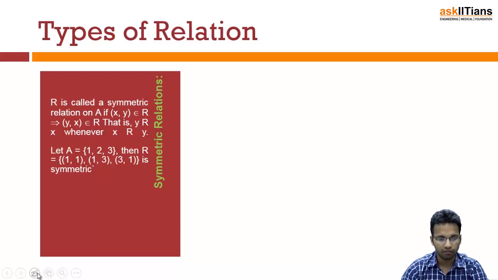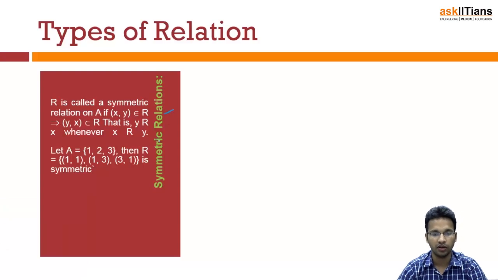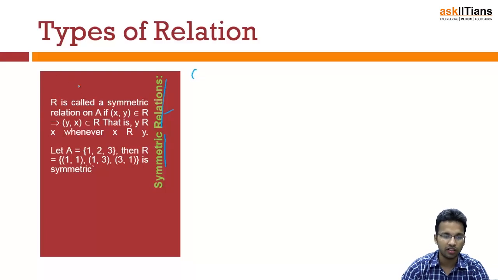Now let me change the color of the pen so that it becomes visible. Now this is visible. So the first kind of relation is basically the symmetric relation. Now what does symmetry mean? When we call something symmetric, it means there is some mirror in between. Here, if we talk about the relation, what does that actually mean?